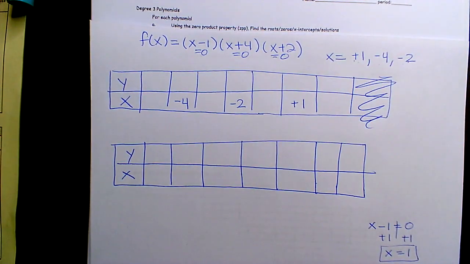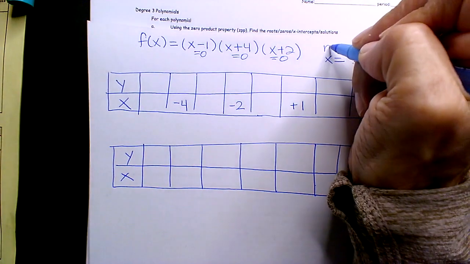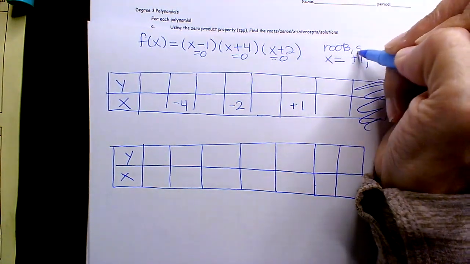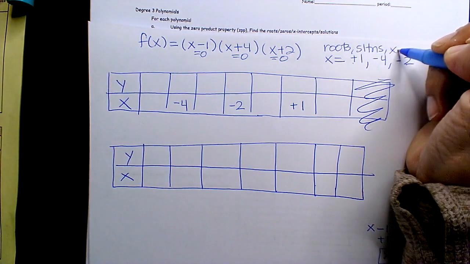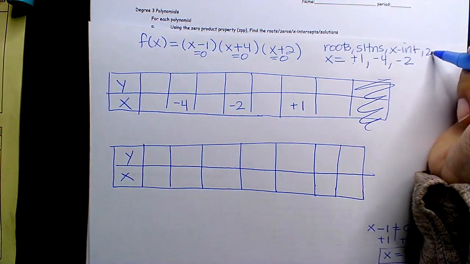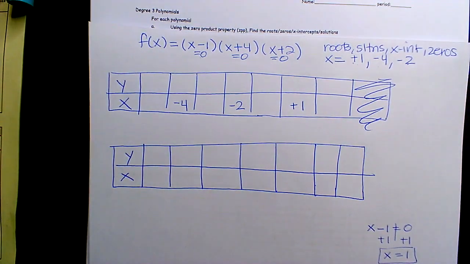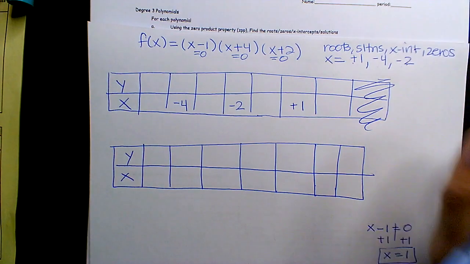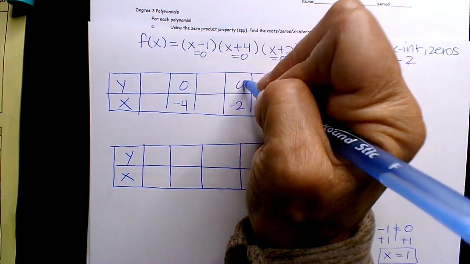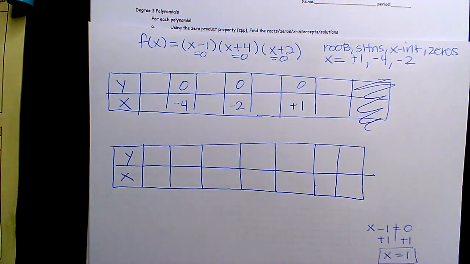Do you guys agree? Okay, now, because they are the roots, solutions, x-intercepts, zeros, all of these are synonyms for the number, the point sitting on the x-axis. In order for it to be an x-intercept, y must be 0, right?